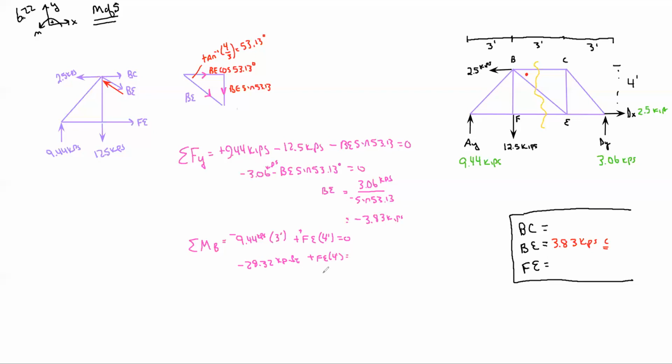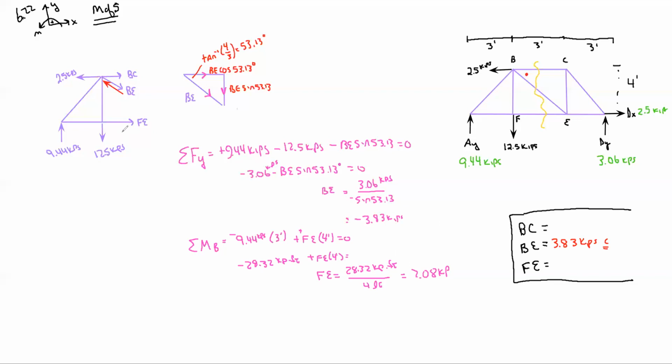Add 28.32 to both sides, divide by 4, and we get FE is equal to 28.32 kip feet divided by 4 feet, which is 7.08 kips. And I got a positive number, which means that I have the correct orientation for our arrow.